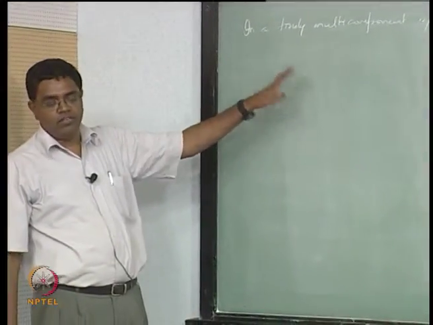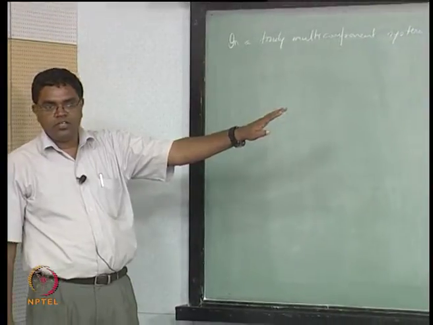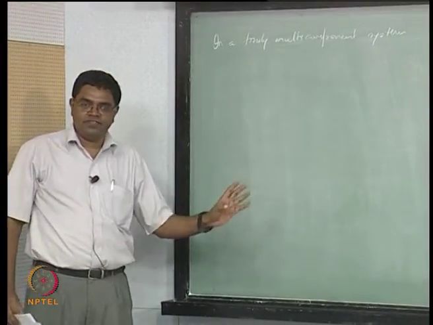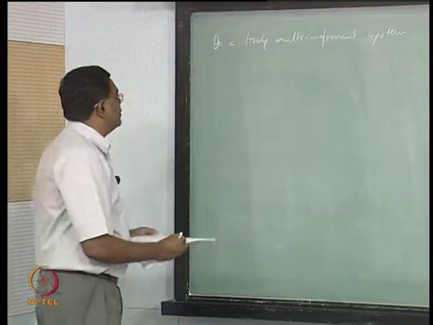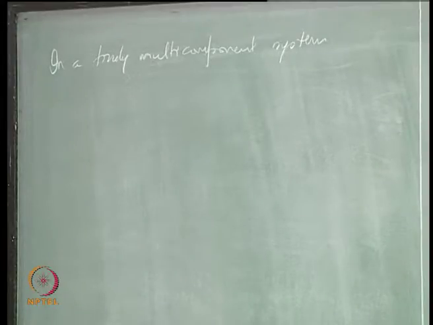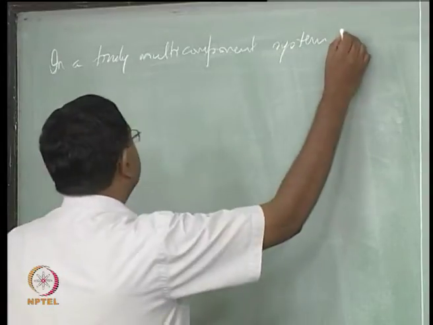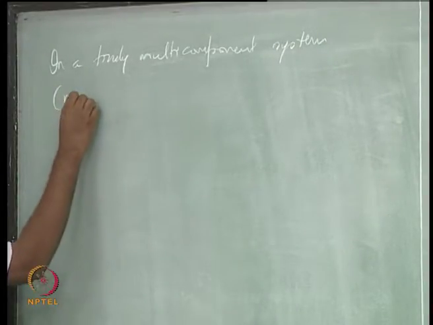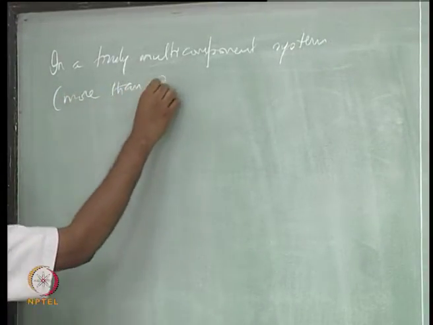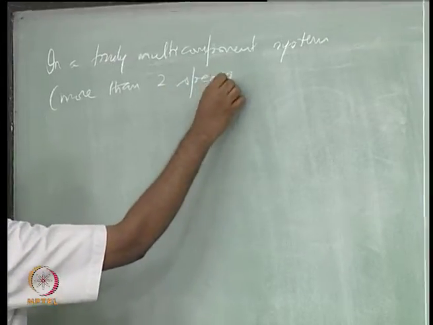Binary is multi-component, but bi is not multi enough. So we want at least 3, so you always look for the simplest situation. So 3 species becomes complicated for us. So in a truly multi-component system, there are more than 2 species.